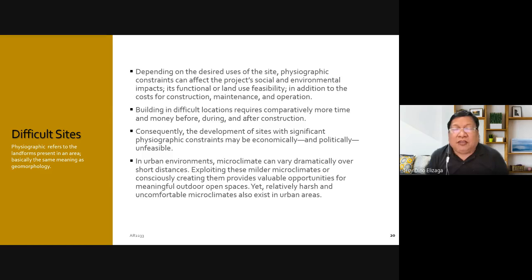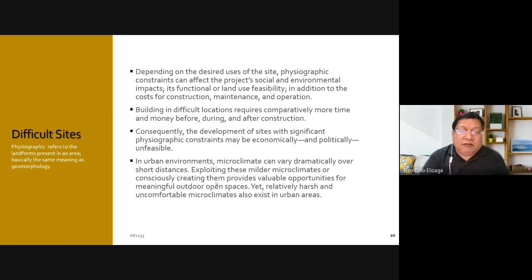And if we can't, we have to somehow find a solution to still build our structure. Consequently, the development of sites with significant physiographic constraints may be economically and politically unfeasible. So as much as possible, we do avoid them.